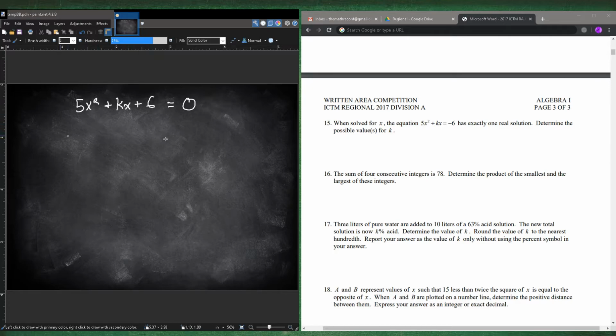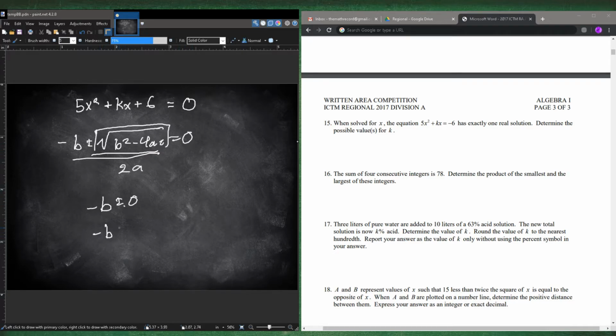So for it to be one solution, the quadratic formula is negative b plus or minus the square root of b squared minus 4ac, over 2a, right? If this part under the root is equal to 0, it's negative b plus or minus 0. The only reason it's going to have exactly one real solution is when this part is equal to 0, because then you're not adding anything.